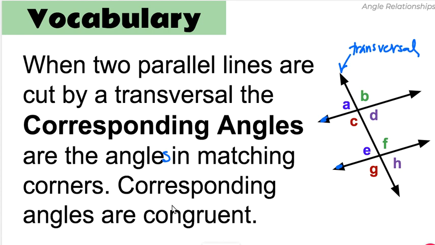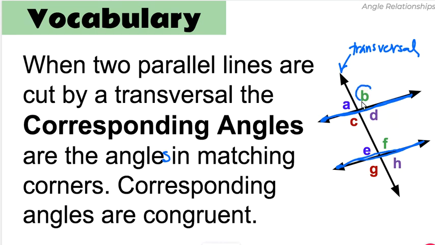Corresponding angles are congruent. So if you look at this, because my lines are parallel here, that means they're going at the same steepness. So when my transversal cuts them, everything becomes equal in their matching positions.